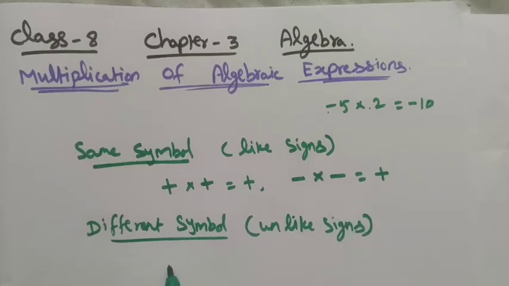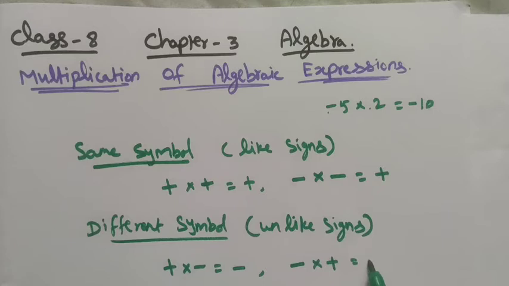That is, when the first one has plus and it is multiplied with minus, we get the minus symbol. And when the first factor has the negative symbol and is multiplied with a plus factor, minus into plus, we also get minus. So when we see the same symbol, put plus when we are multiplying, right?